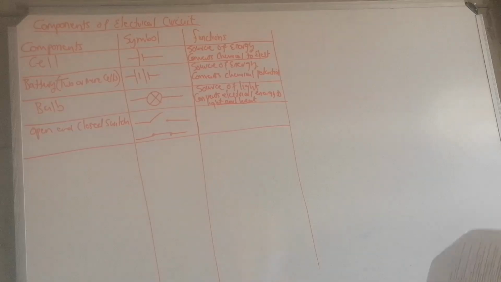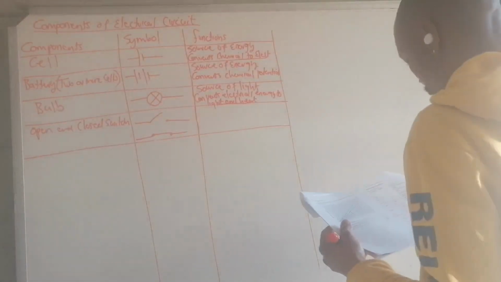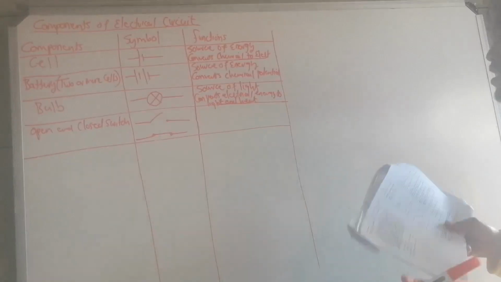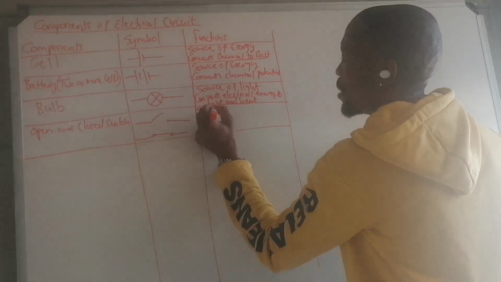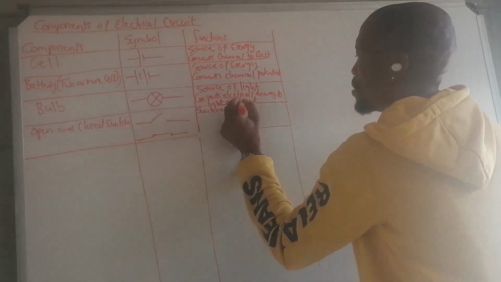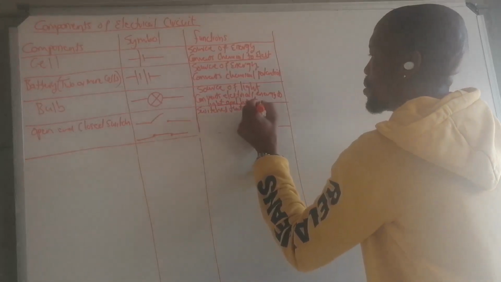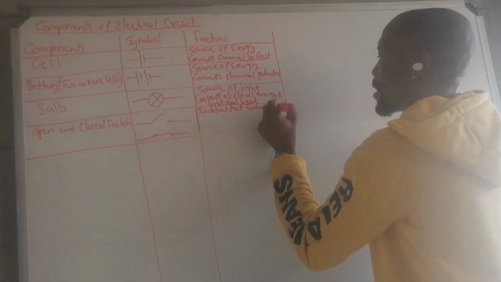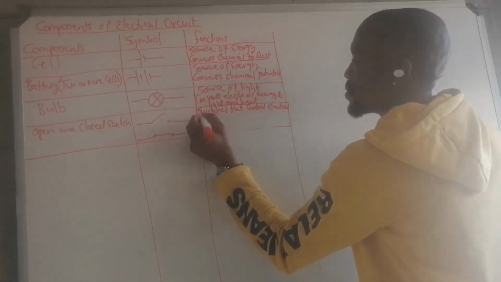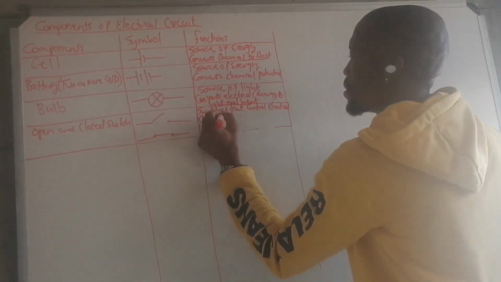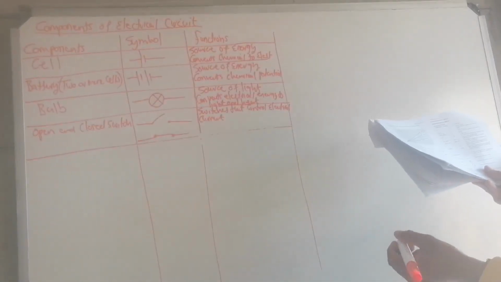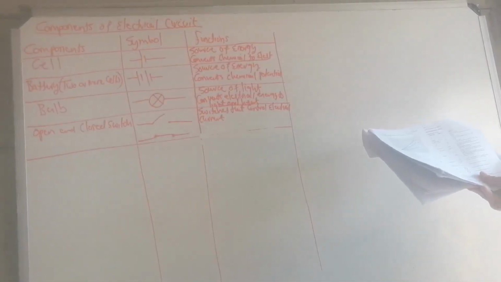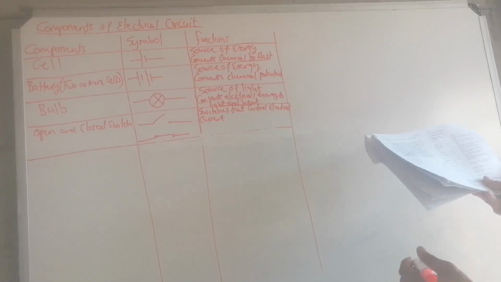It is important that we understand such things. These are switches that control electrical current. An open switch breaks the circuit and prevents the flow of current.